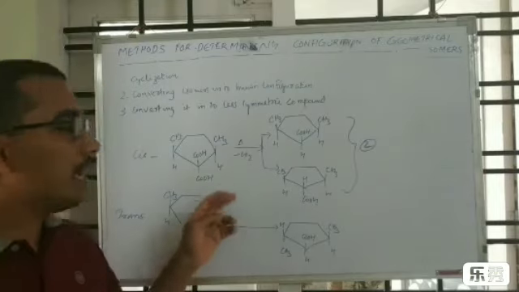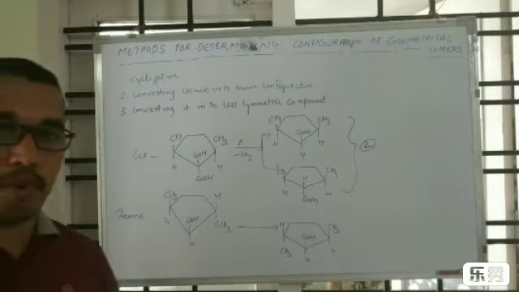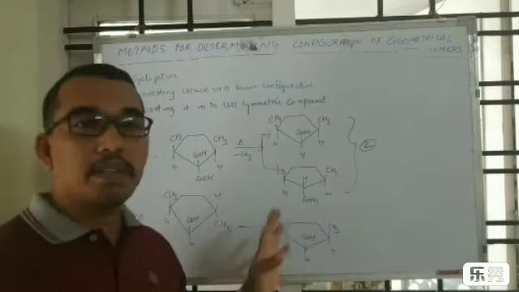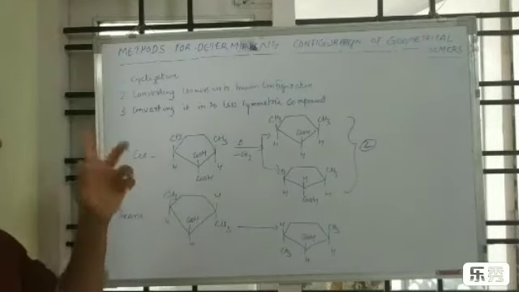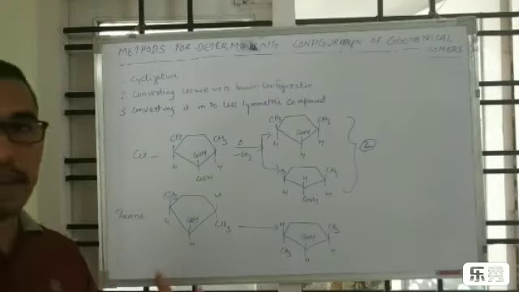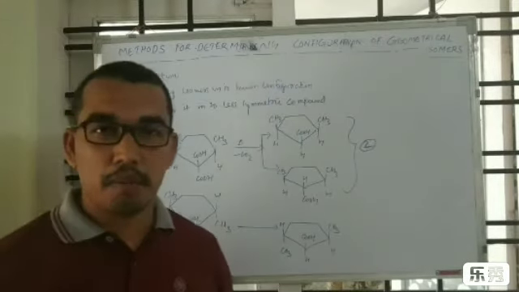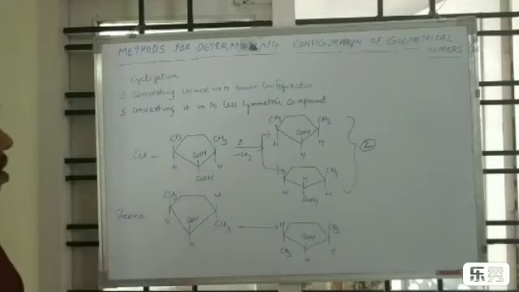So by considering the number of geometrical isomers produced, we can assume the configuration of starting material. So by converting the geometrical isomers into less symmetrical compounds, we can determine the configuration.